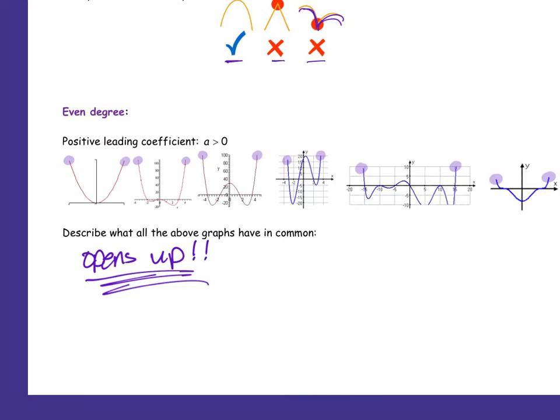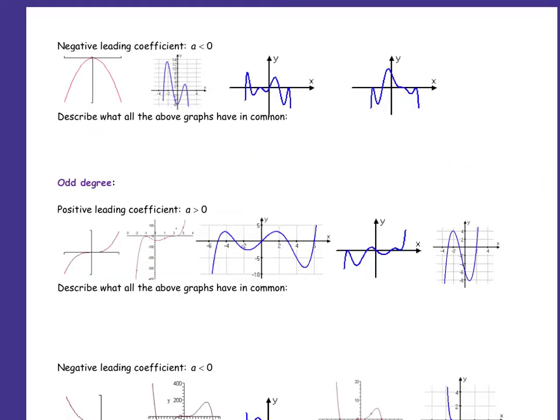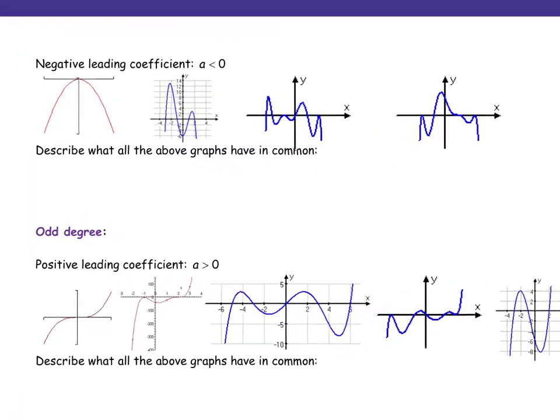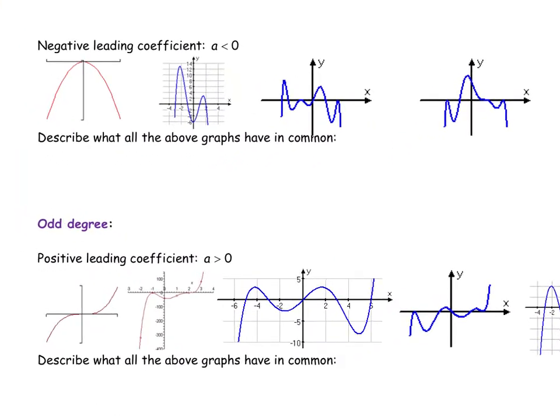So every time, okay? If I go to the next page, now my leading coefficient is less than 0. What's in common now? What's happening this time? So this is a negative coefficient, right?